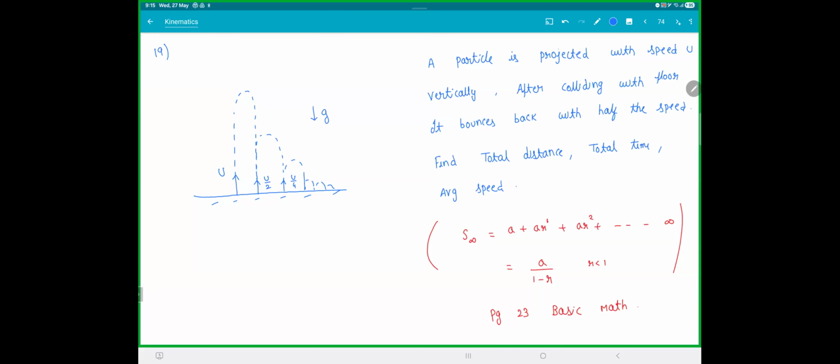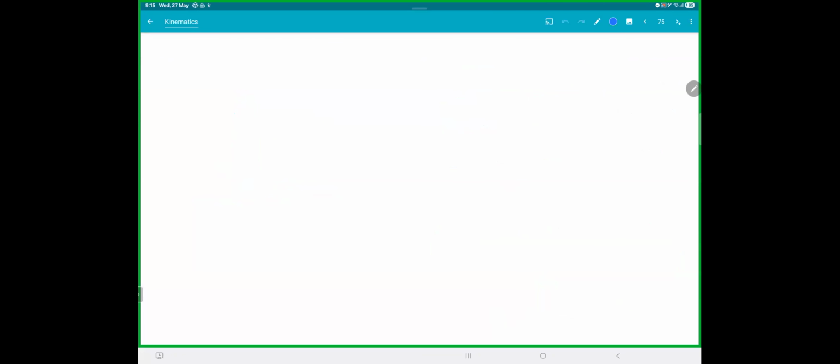Okay, should I show you? See, when you project with speed u, you will go up and you will come down. Let this be h, and let the time be t.